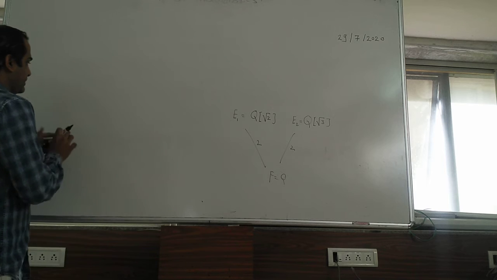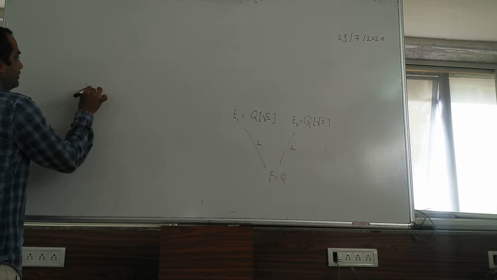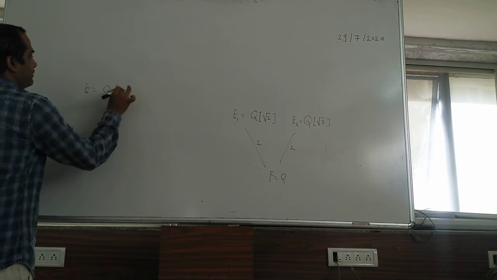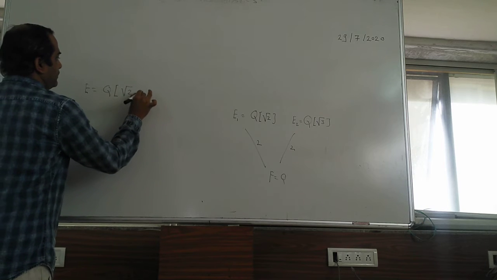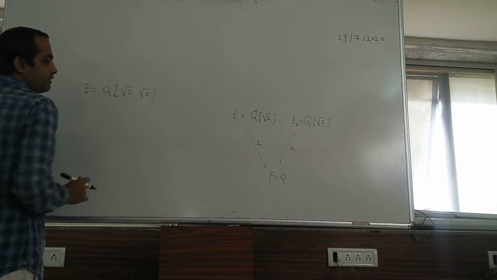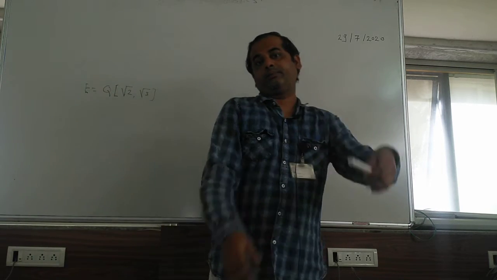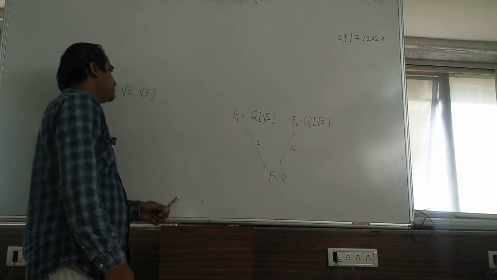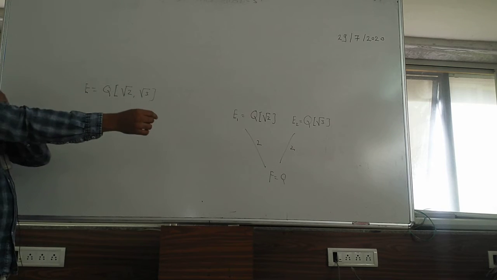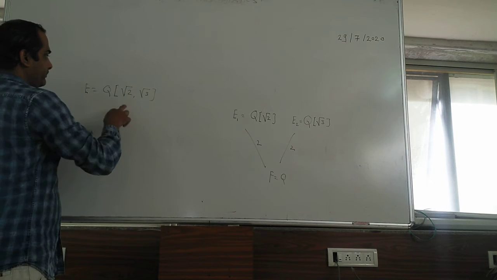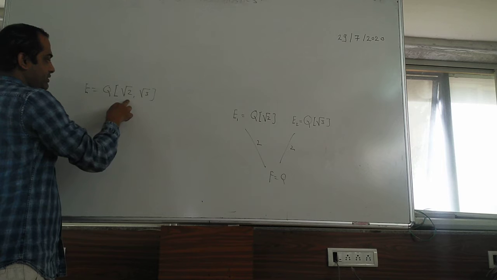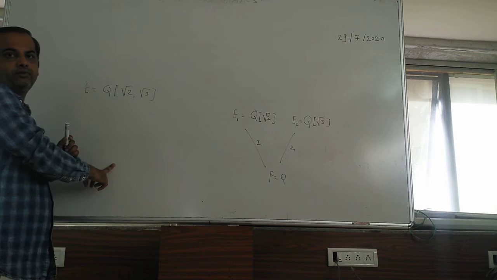Now if I combine these, that is, I want E equal to Q root 2, root 3, as we have previously seen, just attaching square roots of prime numbers. Now attaching another prime number, the degree of extension becomes 4.